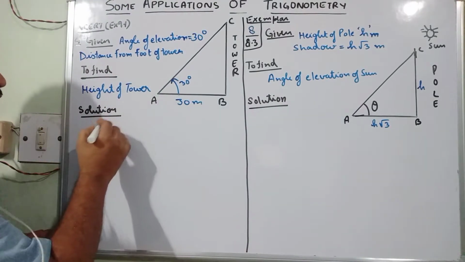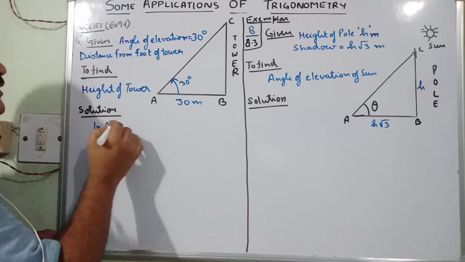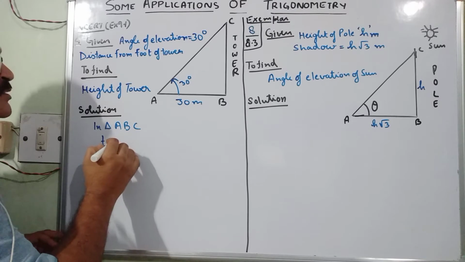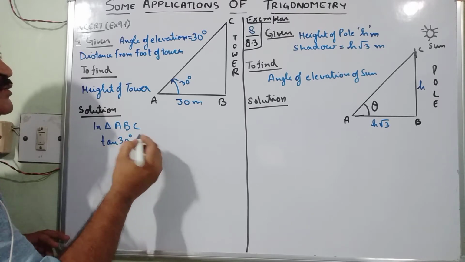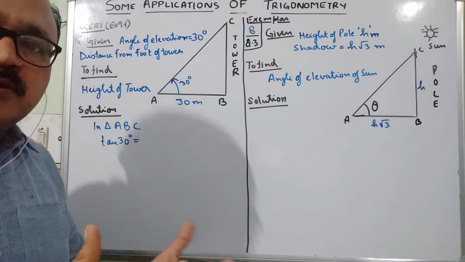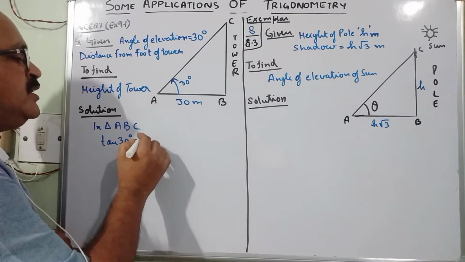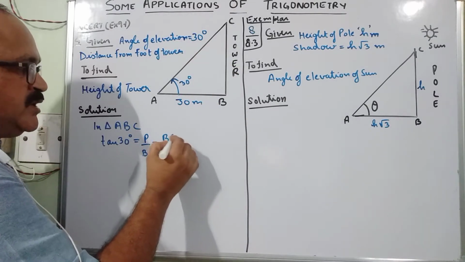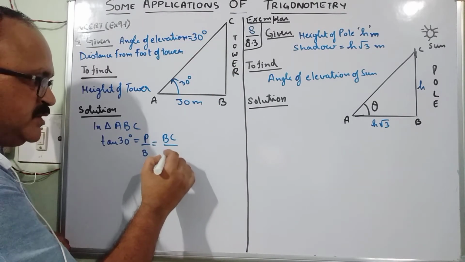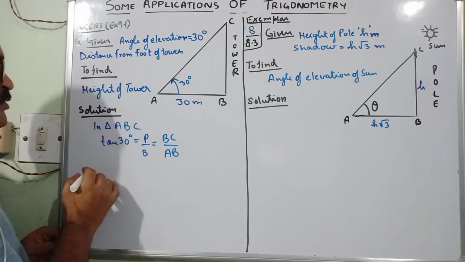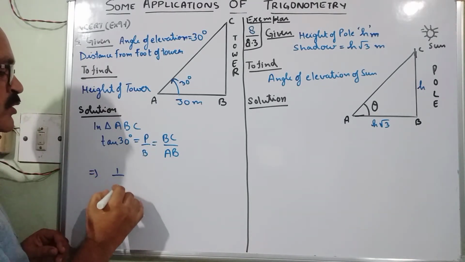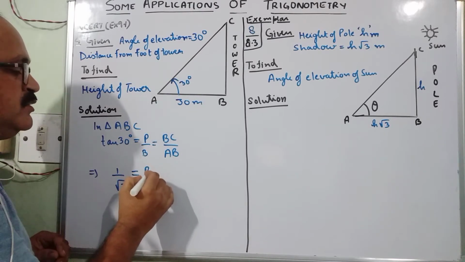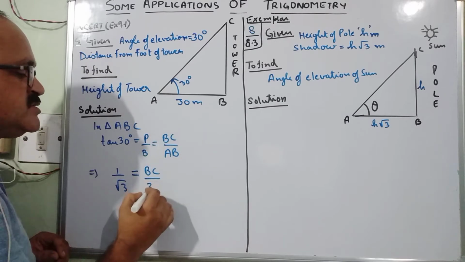So in triangle ABC, tan 30 degrees will be equal to perpendicular upon base, that is P upon B, where BC is the perpendicular and AB is the base. You know the value of tan 30 degrees is 1 upon root 3, BC we have to find, and AB is given as 30.